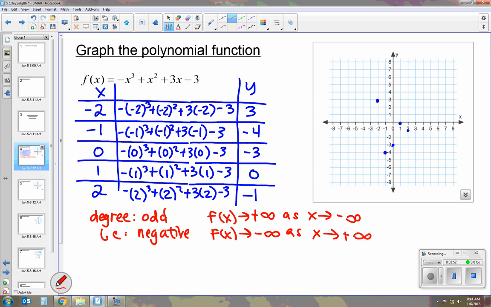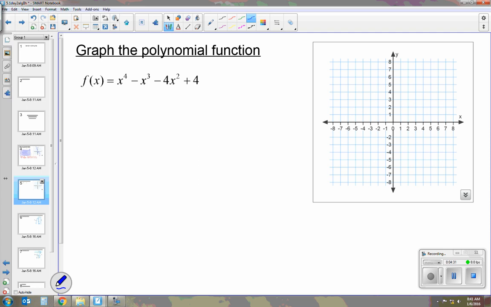Okay, so that means this will go up to the left, and we're going to just connect these dots, making a nice curve. And that's how we use our table of values and our end behavior to graph our polynomial function. Let's try another one of those.